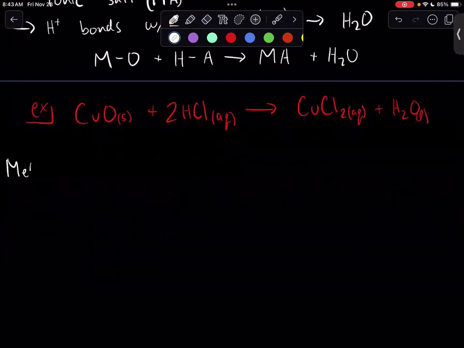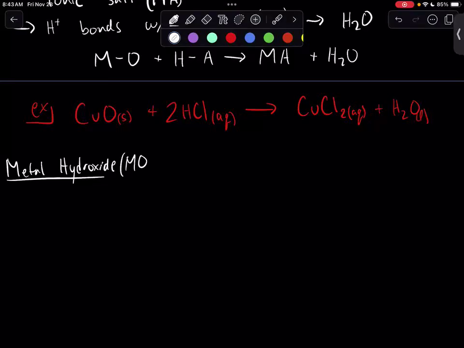Similarly to metal oxides, we also have our metal hydroxide reactions. And this is pretty much the exact same thing, except now we have MOH for metal plus hydroxide. And it's going to be very similar. Our metal cation bonds with our acid anion to produce MA again.